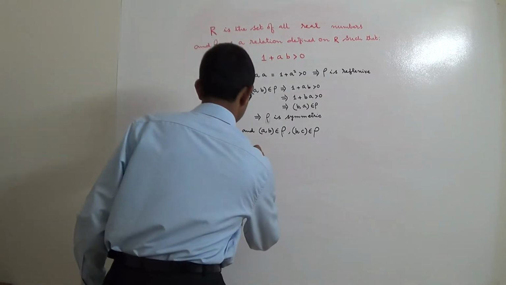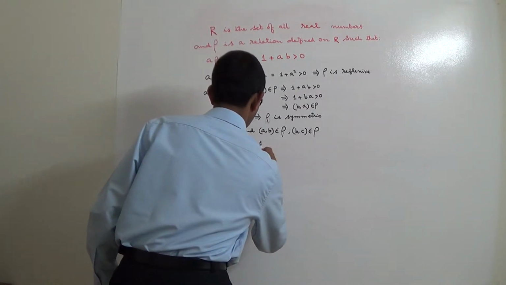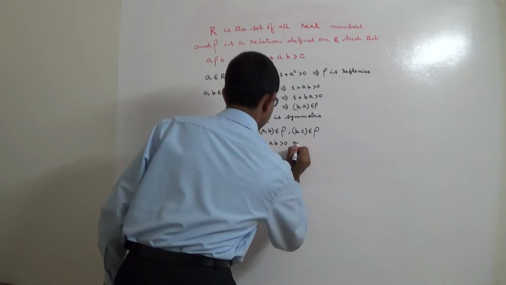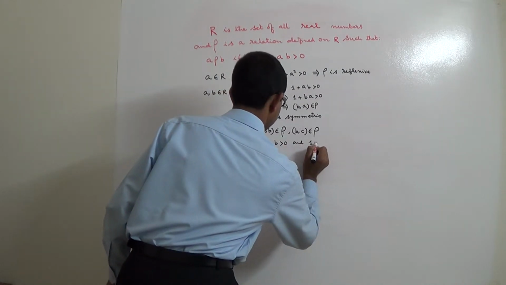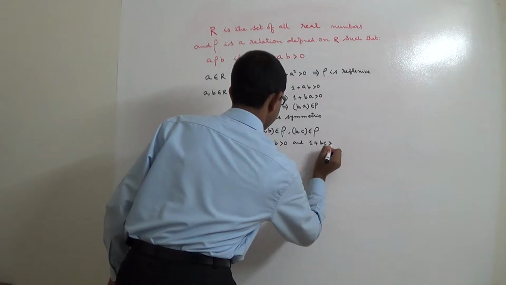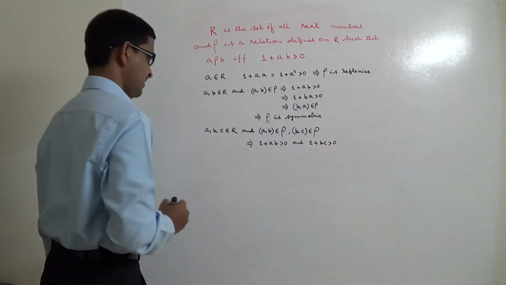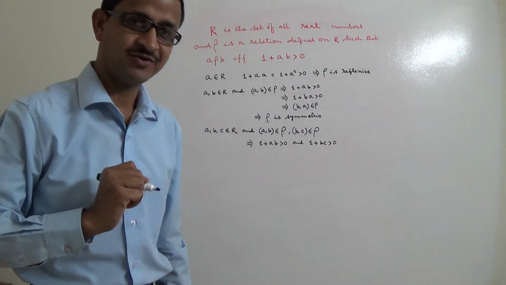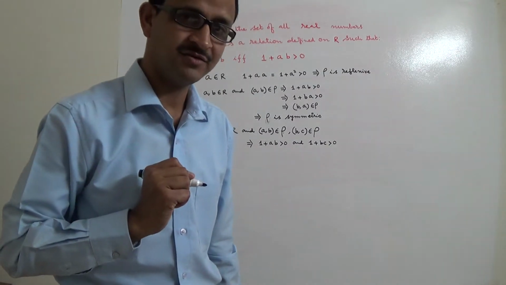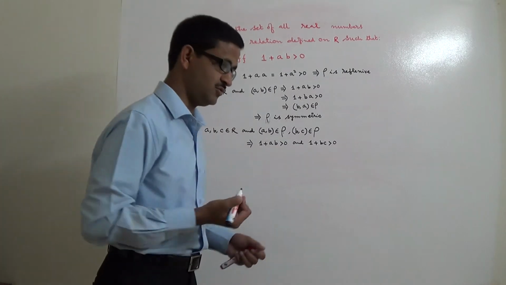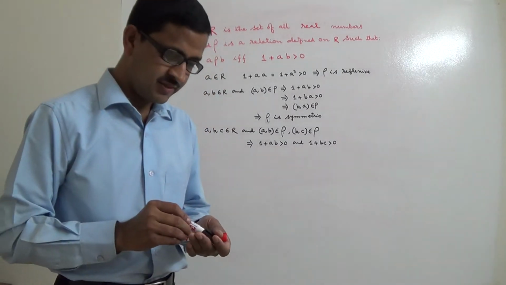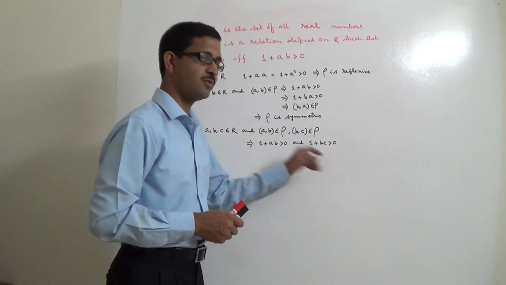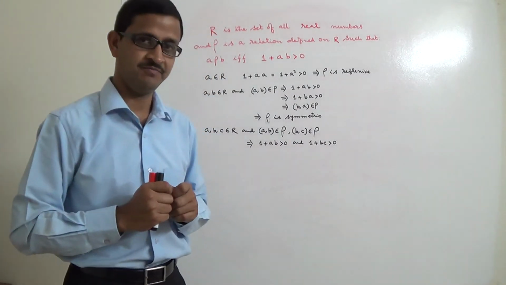So what does it mean? That means 1 plus A into B is greater than 0 and 1 plus B into C is greater than 0. But to prove, we need to show that 1 plus A into C is greater than 0. How can we do it? We do not know. So our intuition says that it may not hold true. But how can we prove really?